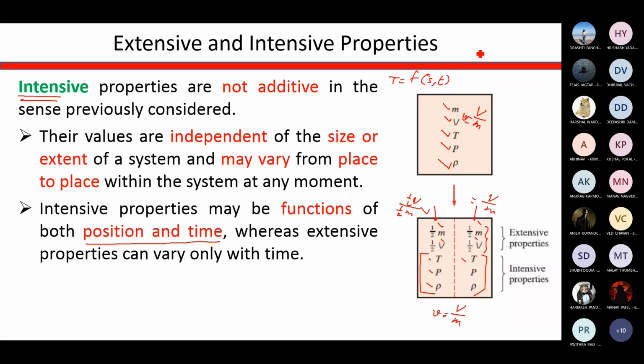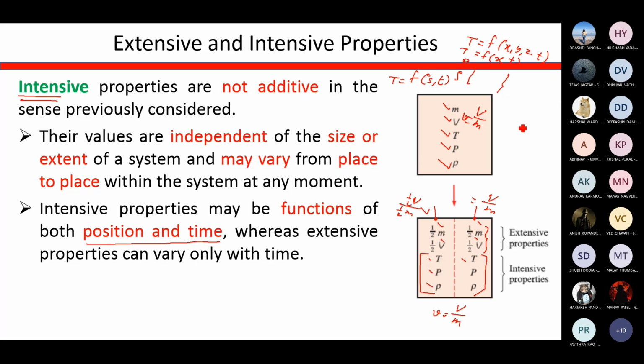So let us say if I take the Cartesian system, x, y, z coordinates, then I can say temperature is function of x, y, z and t, right? Or for one dimensional case, I can write temperature is function of the space coordinate x and time t, right? Same is true about pressure and density.